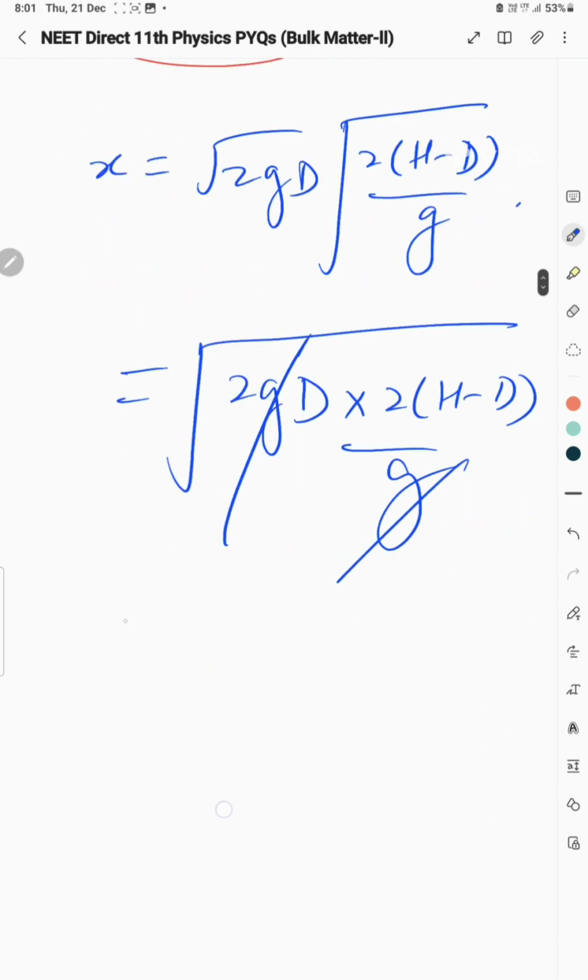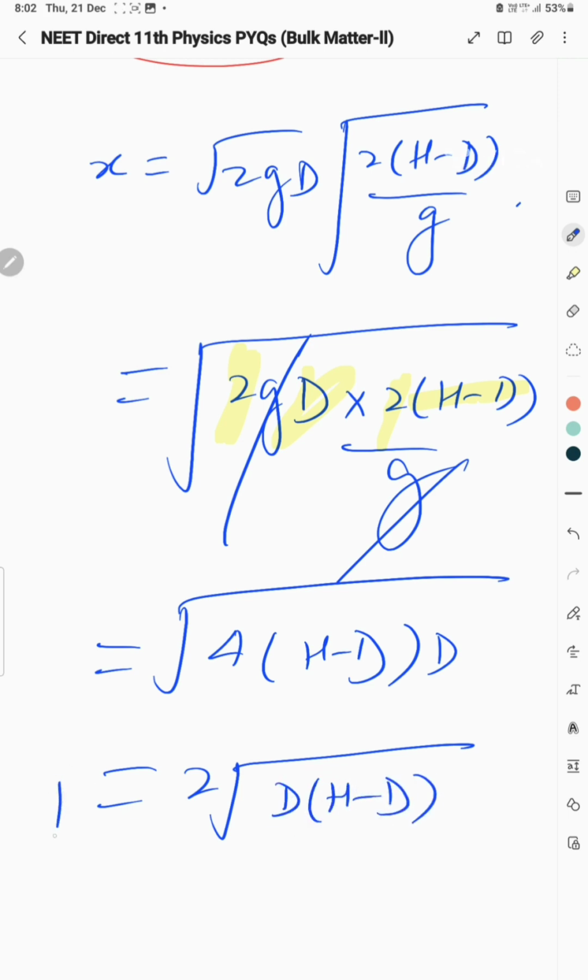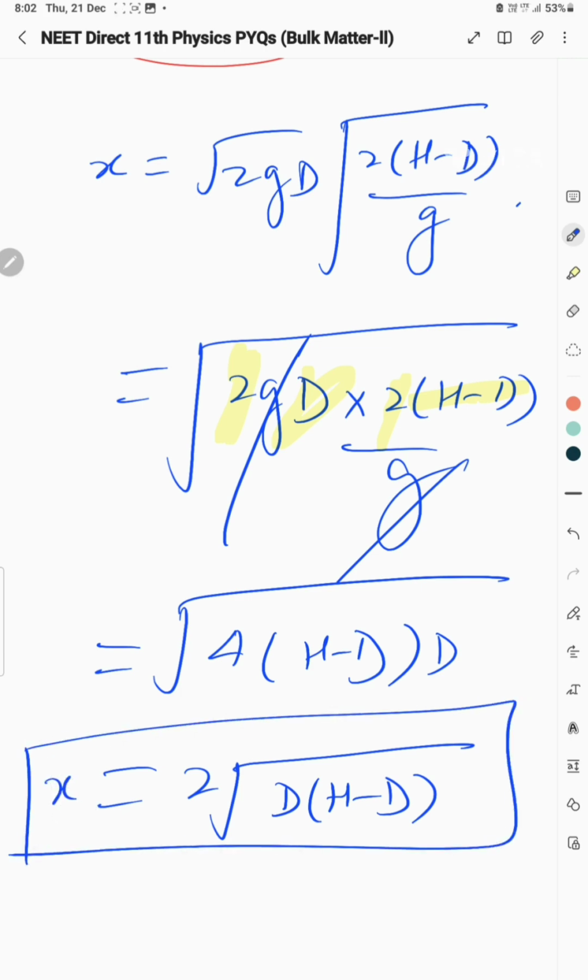These two get cancelled. This is now 2 into 2 becomes 4, and 4 is now H minus d, this one, and this capital D here, square root. Simplify it further, bring out 4, square root 2, so it's 2 times square root of d times H minus d. This is the value of the range of this water jet.